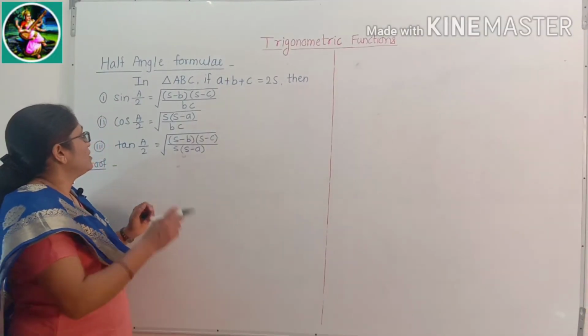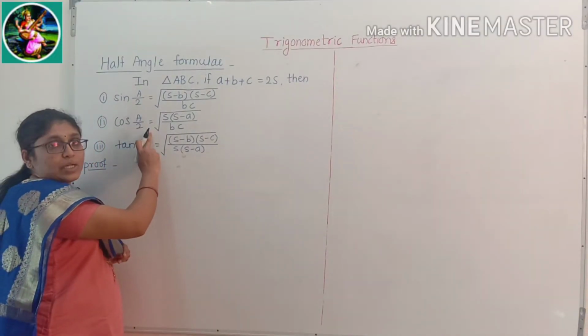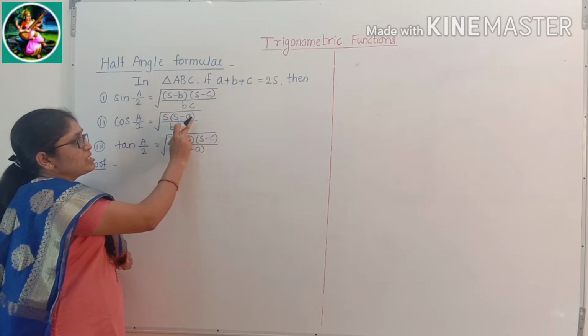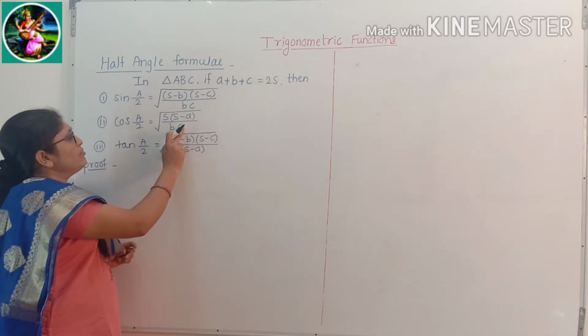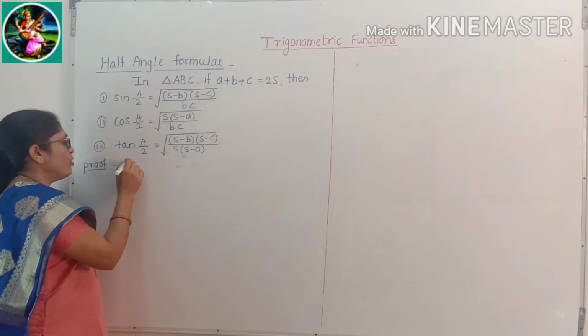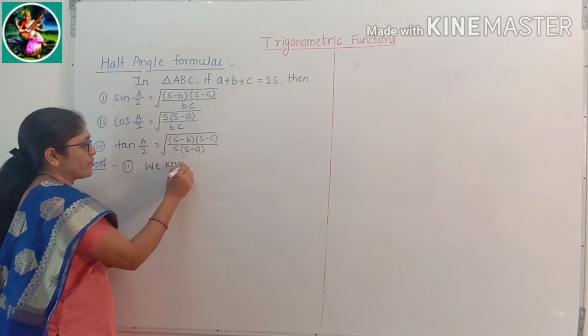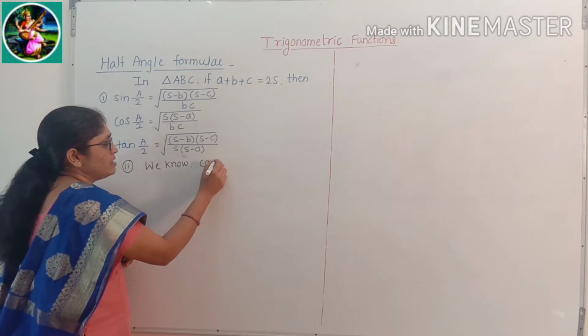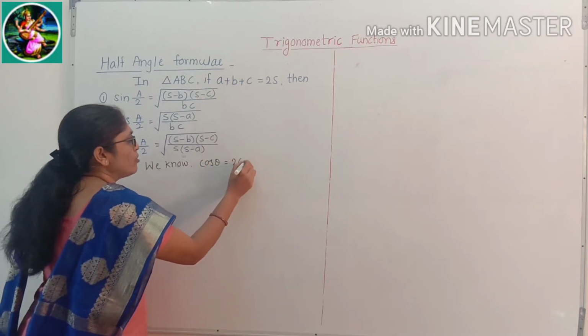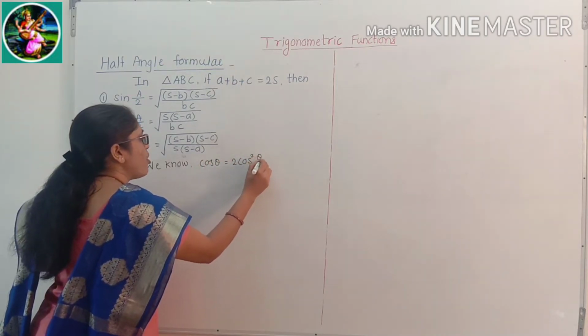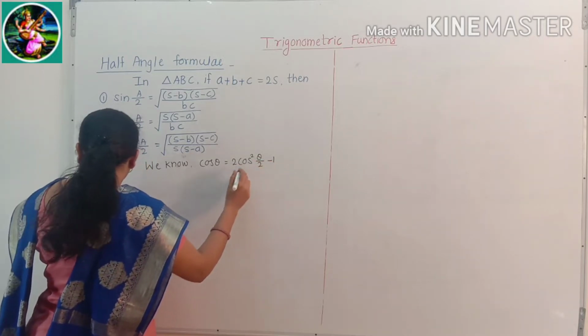Now we solve cos of A upon 2 is equal to square root of s into s minus a divided by bc. Again, we know the submultiple angle formula, that is cos theta is equal to 2 cos square theta upon 2 minus 1.